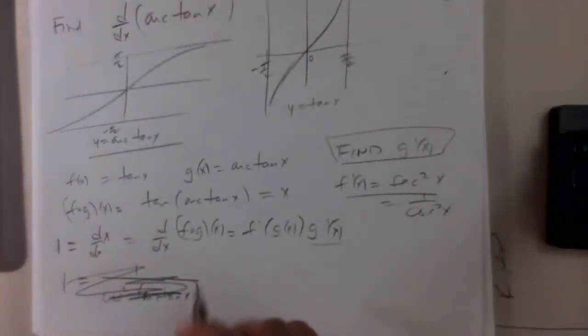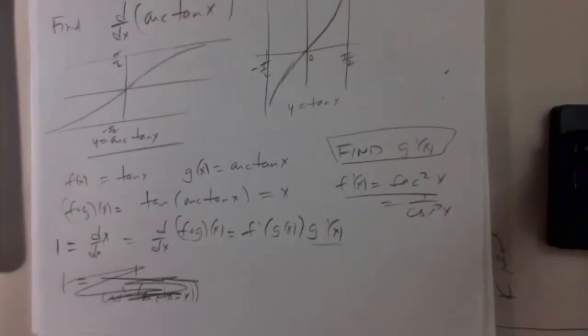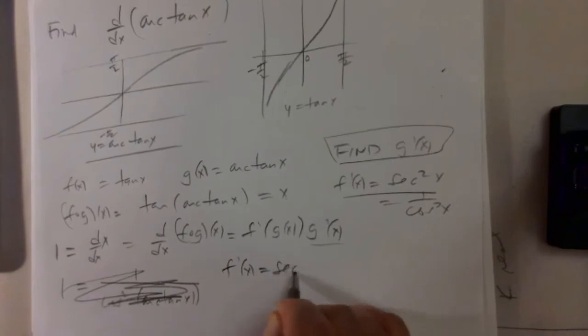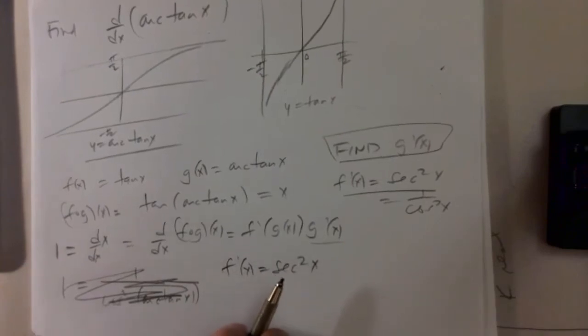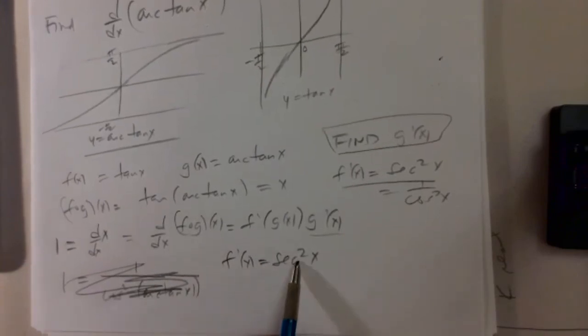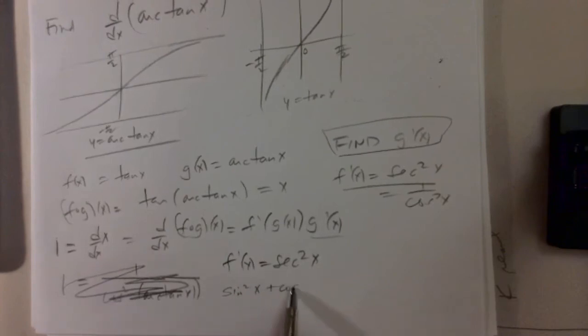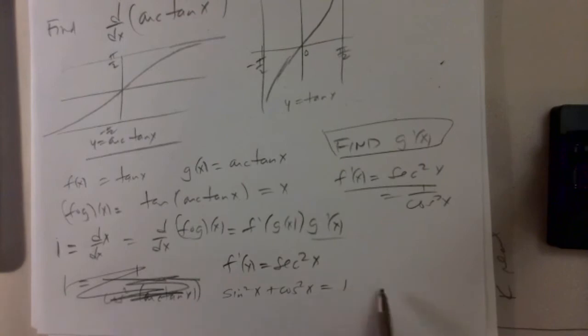So we know that f prime of x is secant squared x, and we have a relationship between secant squared and tangent squared, right? Remember that sine squared x plus cosine squared x equals 1.